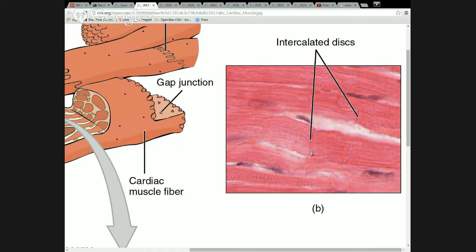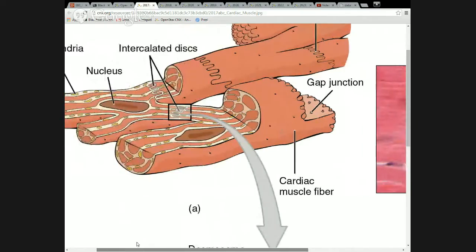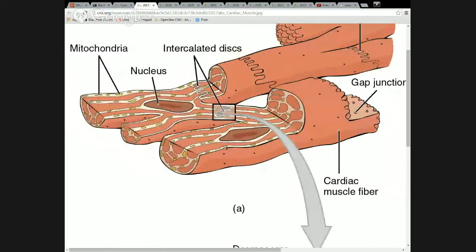And they're kind of faint. They really are hard to see, but there are these lines going across the fibers, like we see these two labeled. Here's another one right here, which is not labeled. But what those are is where individual cells come together.